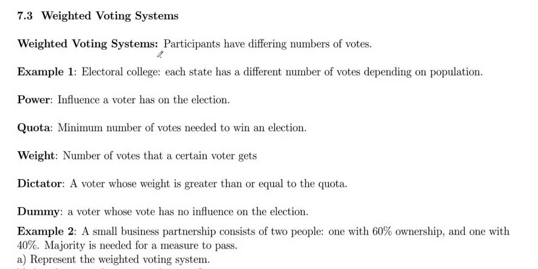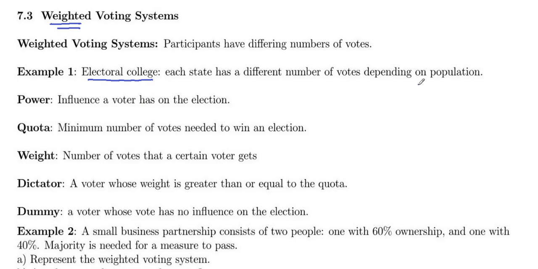So here in section 7.3, we'll start talking about these weighted voting systems. That's what the Electoral College is. The Electoral College is the most common example of a weighted voting system. In that voting system, each voter is a state and it has a different number of votes.